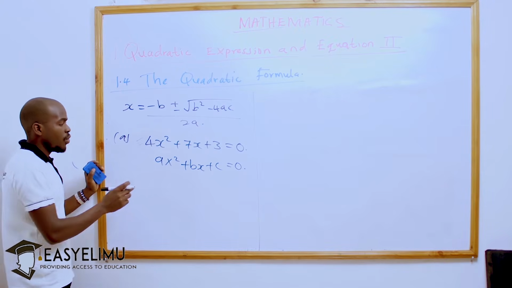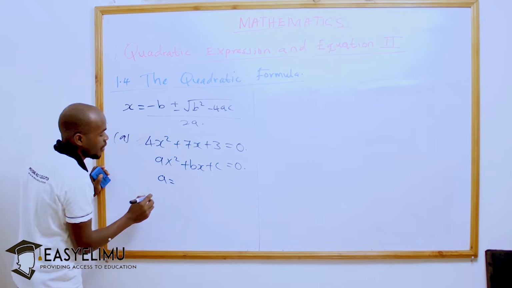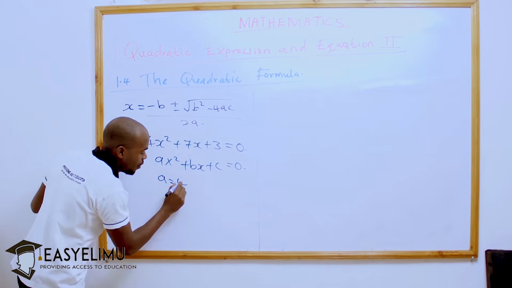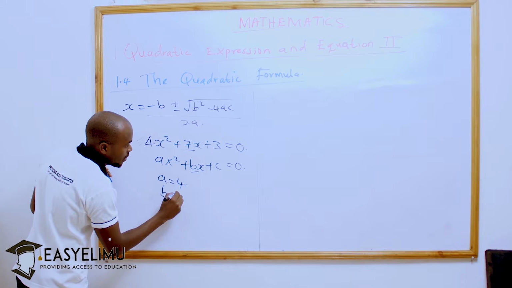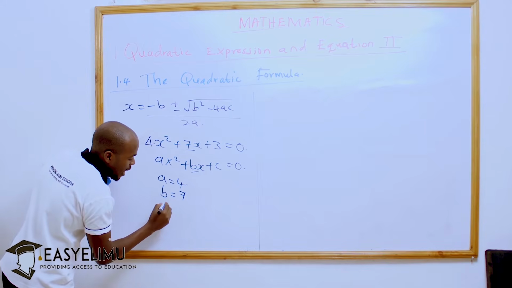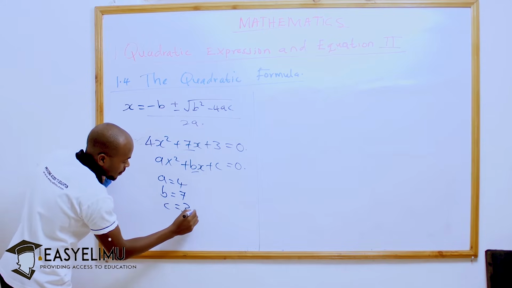From this, we can identify the coefficient a as 4, b as 7, and c as 3.